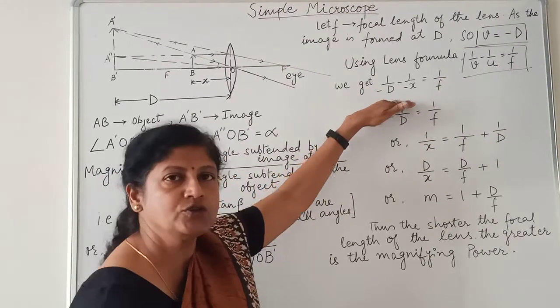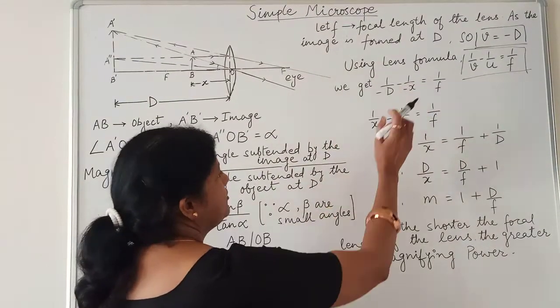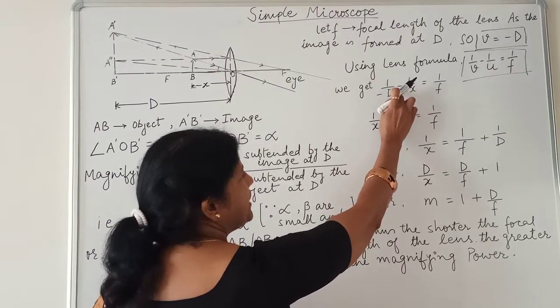Here we have used sign convention. After simplification, we get 1 upon X, because minus minus will become plus.